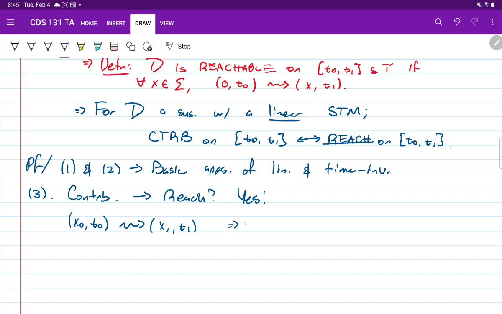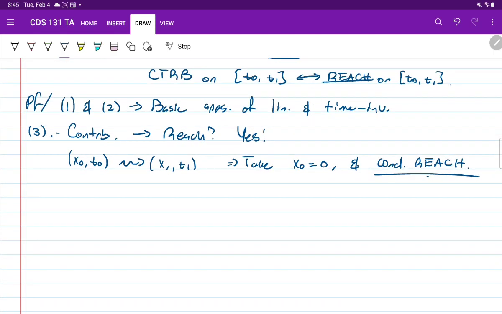So all that we do is we just take x0 equals 0, and from there we conclude reachability. Okay? So that direction's pretty straightforward. So that's the forward direction. Now the reverse direction, what I want to show is that reachability implies controllability.